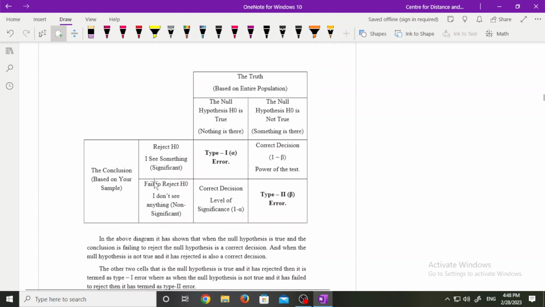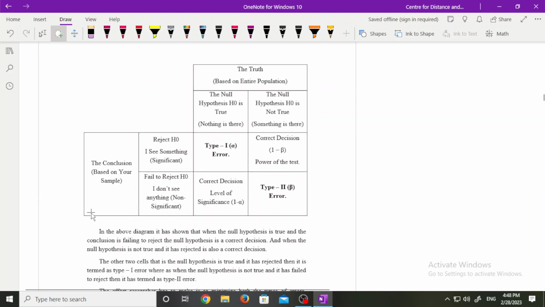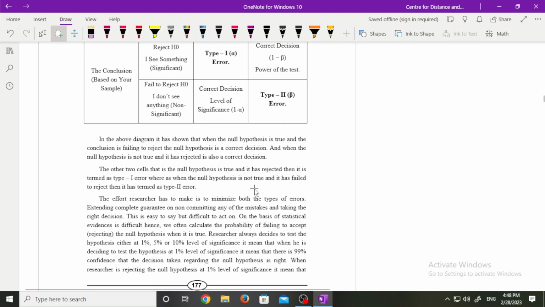Based on the sample, the conclusion about the null hypothesis, type 1 and type 2.